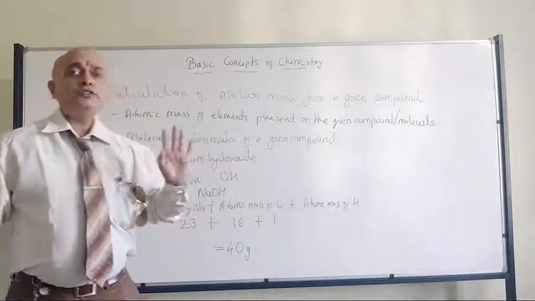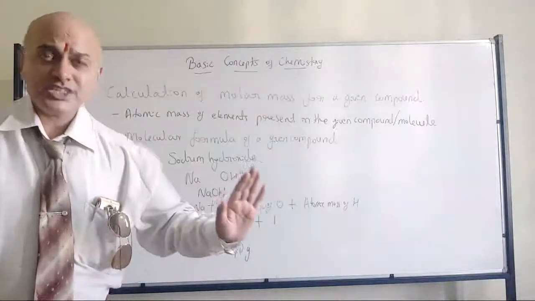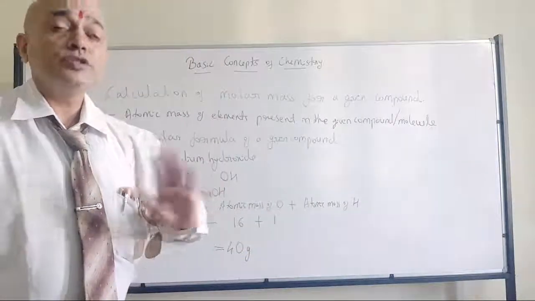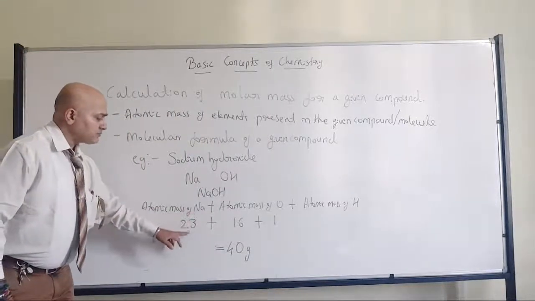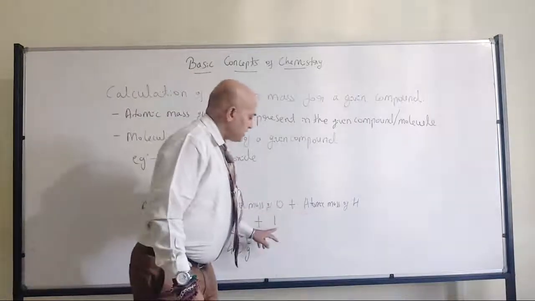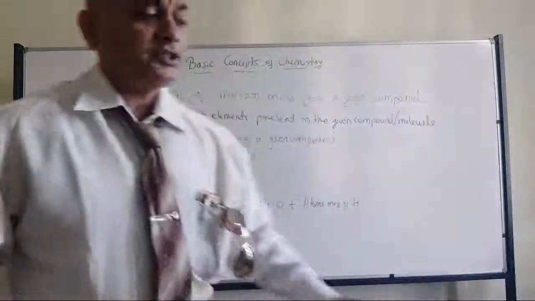Anyway, we will not go into detail. All these things you are going to study in atomic structure and in your classification of elements. So no need to worry. Fine. So that's where we have the atomic mass of sodium, oxygen and hydrogen. So the answer is, okay Anju, I will explain.